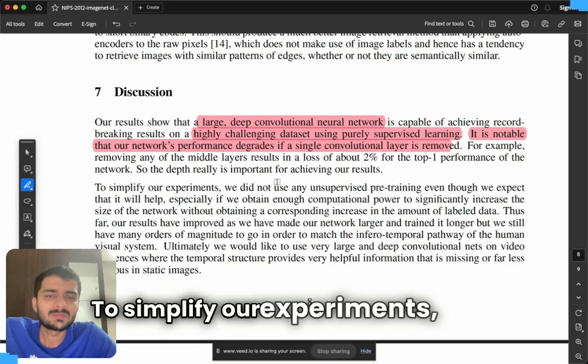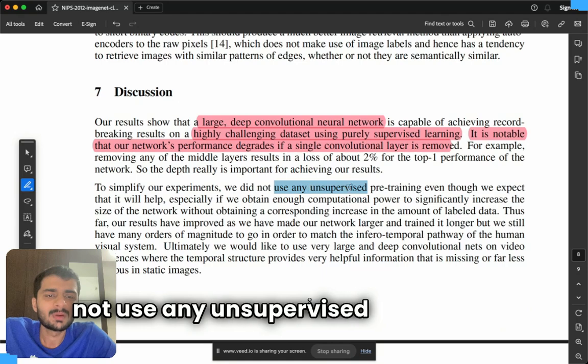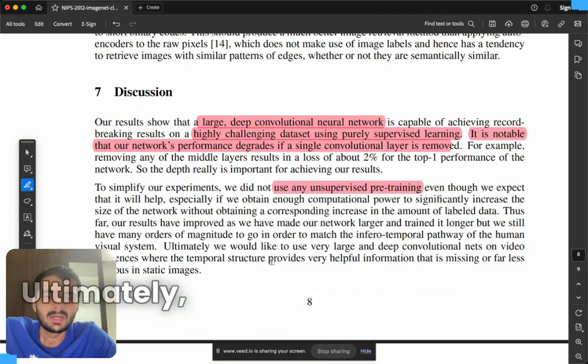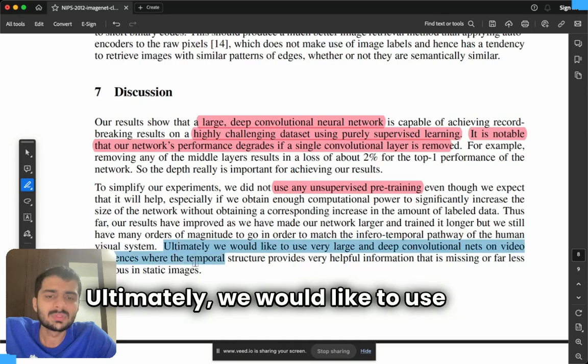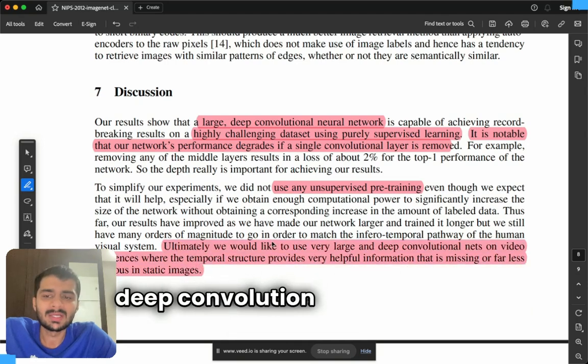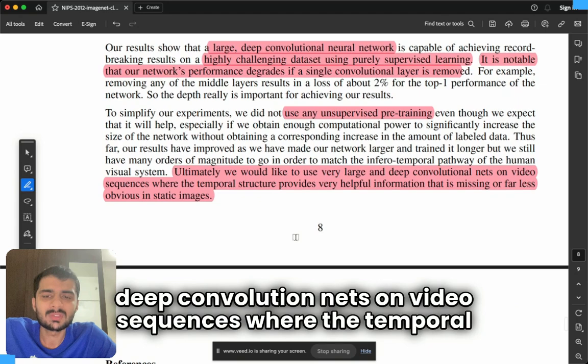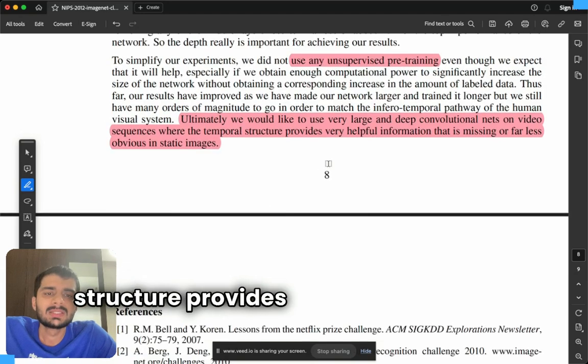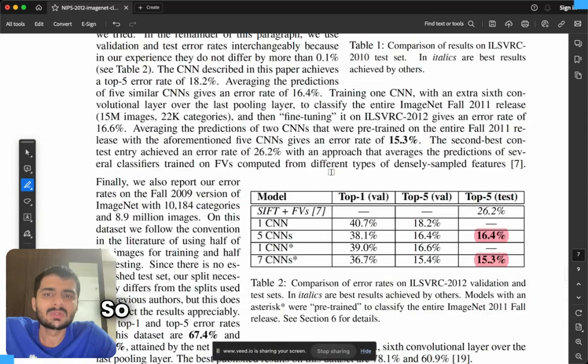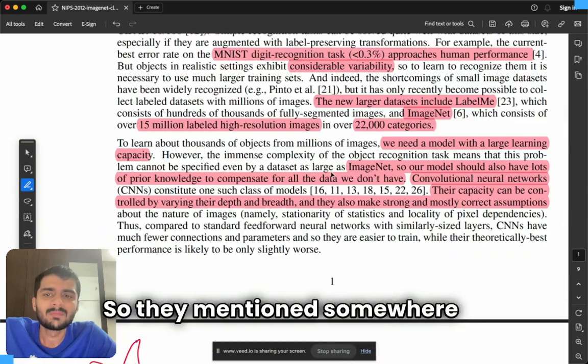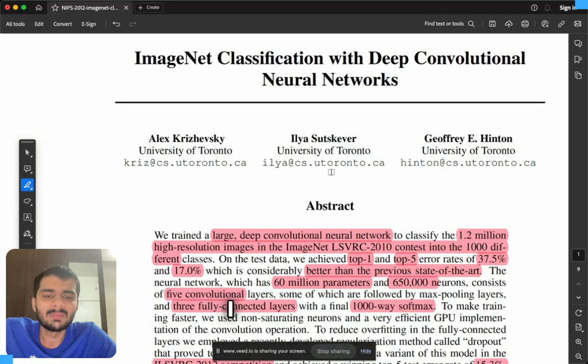To simplify our experiments, we did not use any unsupervised pre-training. Ultimately, we would like to use very large and deep convolutional nets on video sequences where the temporal structure provides helpful information that is missing. So they mentioned somewhere in the introduction as well, I believe.